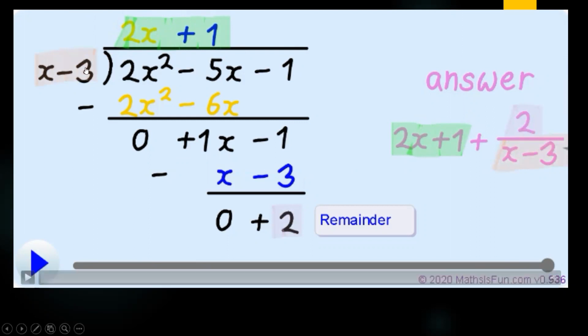Where's the remainder here? It is 2. Where's the divisor? It's x minus 3. And where's the quotient? It's 2x plus 1. Here you write the answer. So if I ask you what is the quotient, you tell me it's 2x plus 1. What is the remainder? You tell me it's 2.